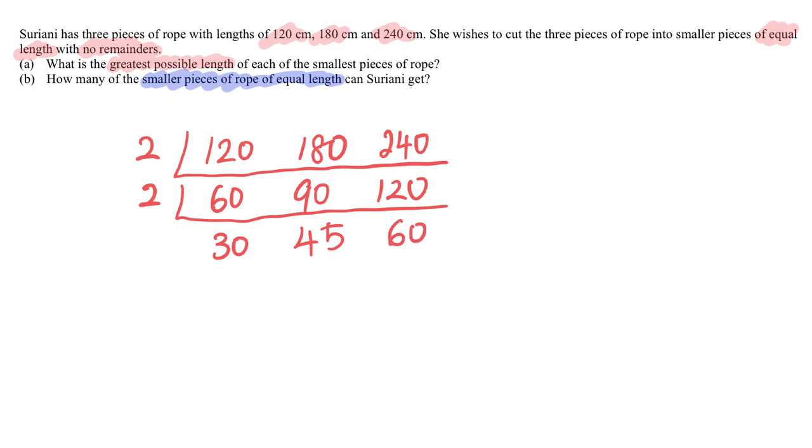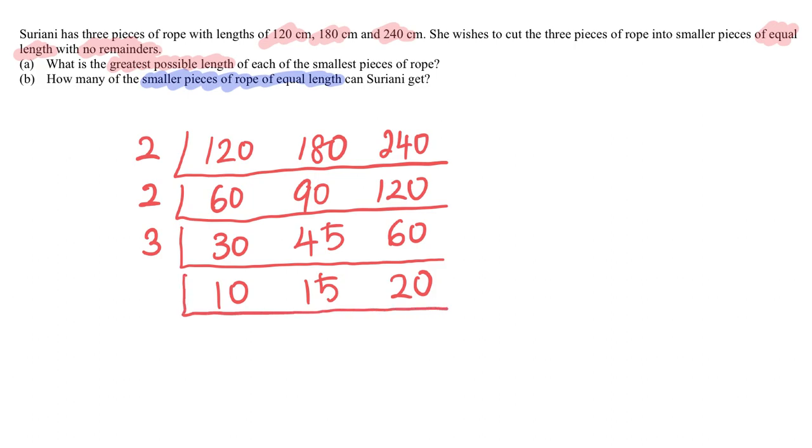I move on to the next prime factor for these three numbers, and that will be 3. 3 is no longer the common factor, and the next common factor that is a prime number for these numbers will be 5. And 2, 3, and 4, there are no more common factors among them, and we stop here.